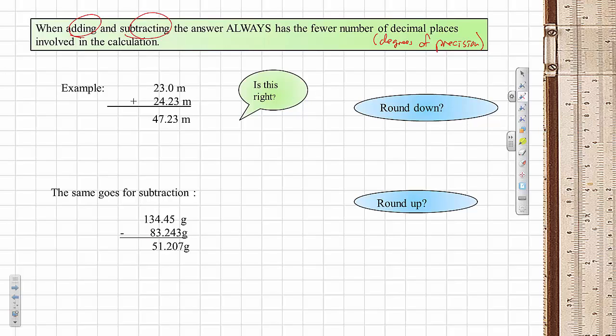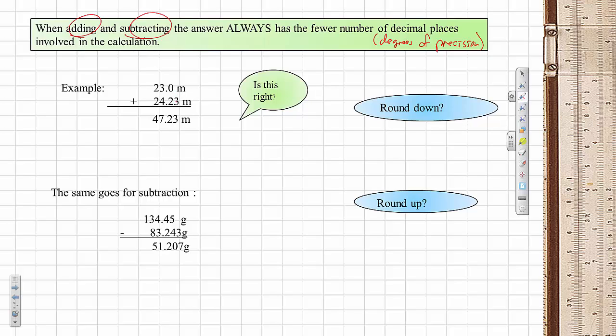Alright, so you enter these two numbers, you add them up, easy enough. You get 47.23, make sure you include the unit, the meters. Is this correct? Actually not. When you do this in your calculator, you're assuming there's a 0 here. But we don't see a 0 there. What is this number in the hundredths place? Is it a 0?